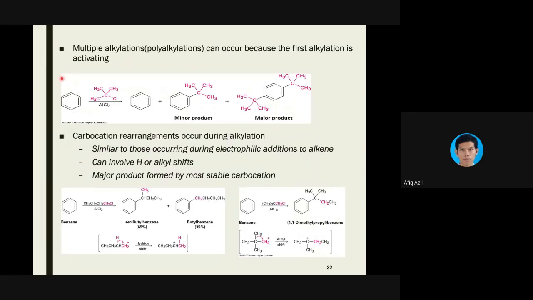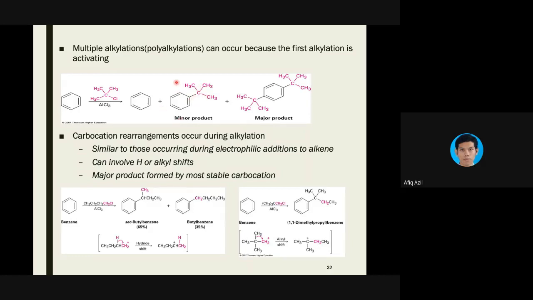Disadvantage number 3 is that you're going to get polyalkylation, or multiple alkylation. What is that? First, let's say you have this benzene and you want to add this tert-butyl to this benzene ring. Once you have this product, it will undergo another Friedel-Crafts alkylation.